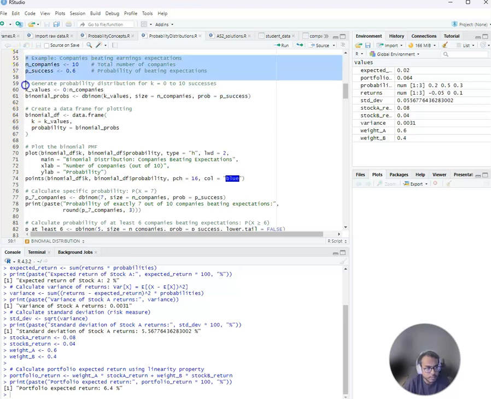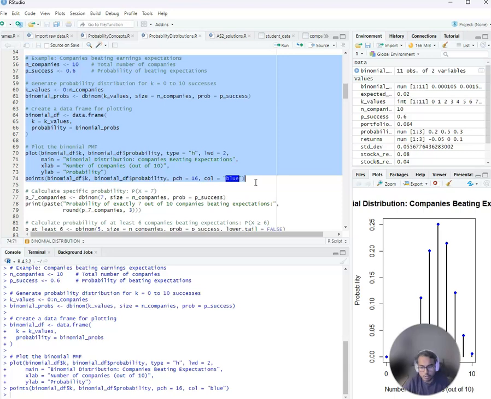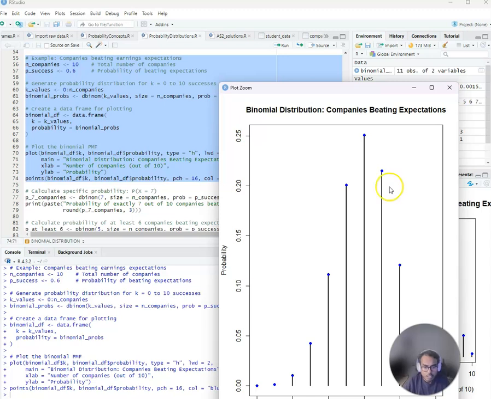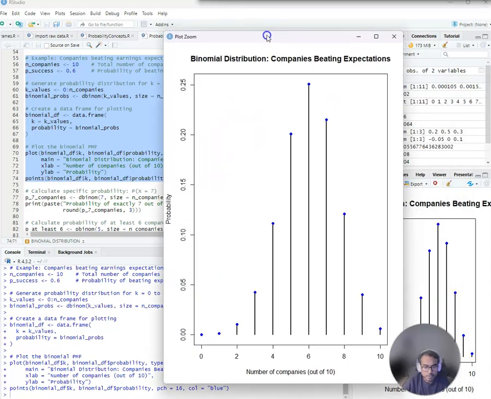That is what lines 55 to 74 are going to do. So I run this block of code and this is what I see. These are the PMFs. So for every possible number of successes, this is the probability of that event occurring.